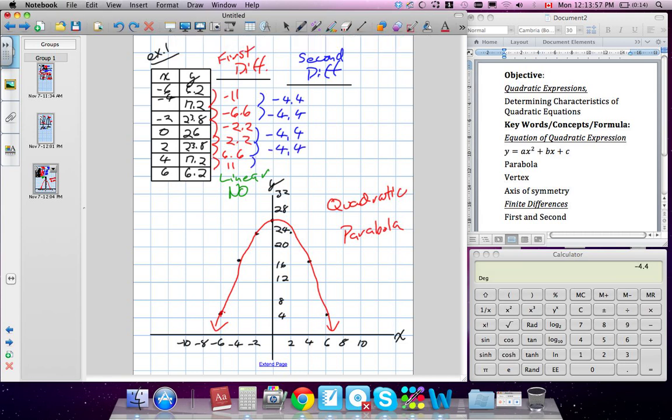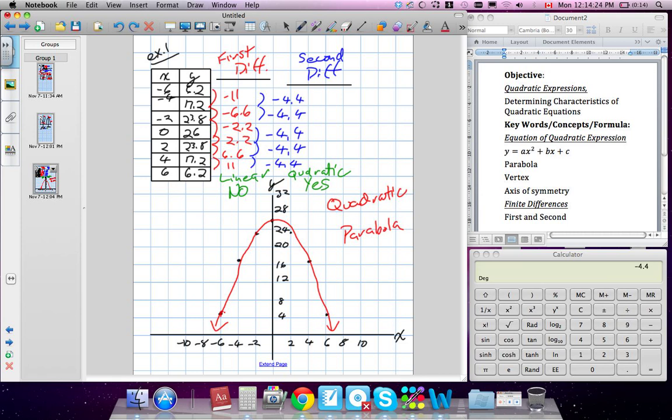And finally, 6.6, subtract 11, negative 4.4. Now, here's a question. Are all of these differences the same? Yes. So, if they're all the same, that tells us that it is a quadratic relationship.